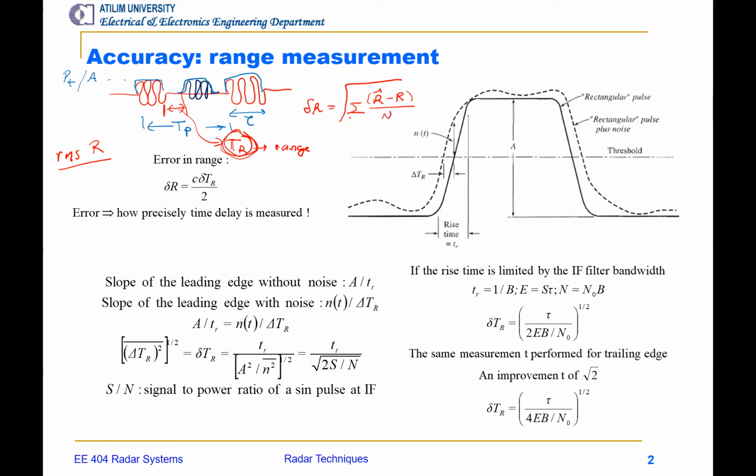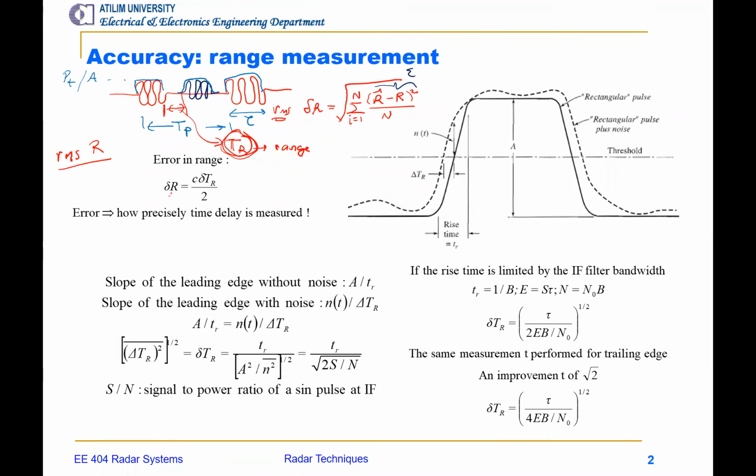So if we get this average from 1 to n, and its square root will give us RMS, the root mean squared value of the error. Sorry, there's a square root here. This is error, and there should be a square. So R cap minus R to the power 2. So this gives us the average, the mean square value of the error.